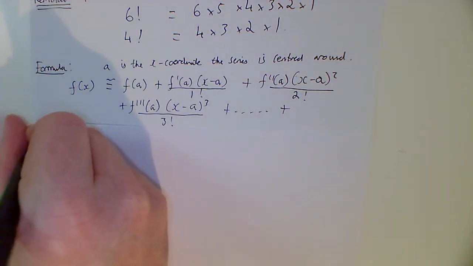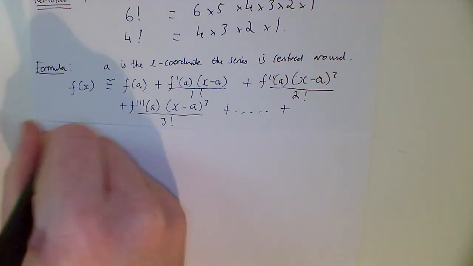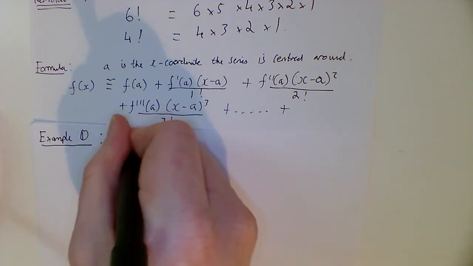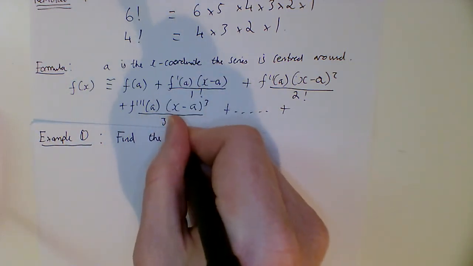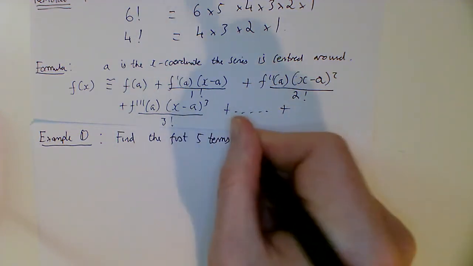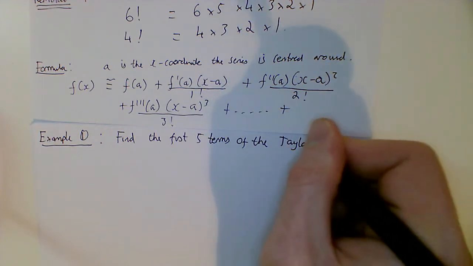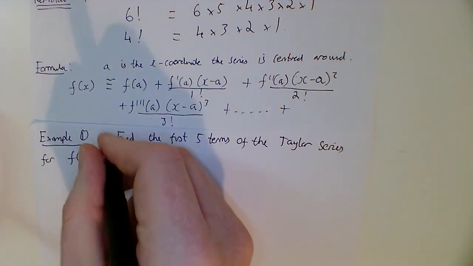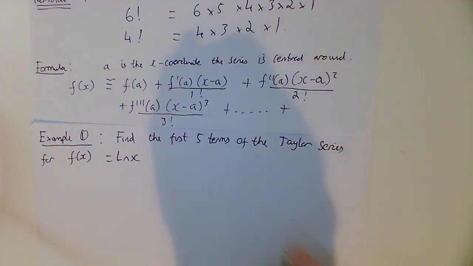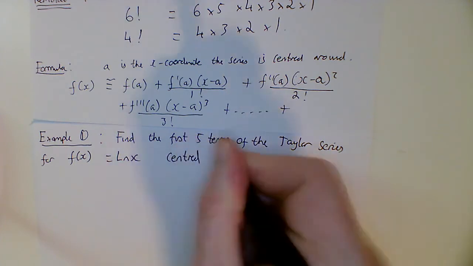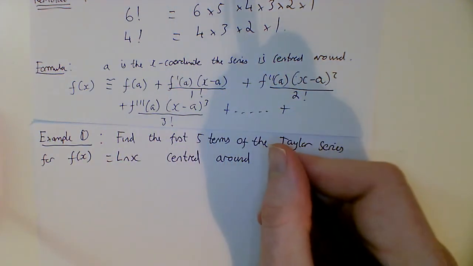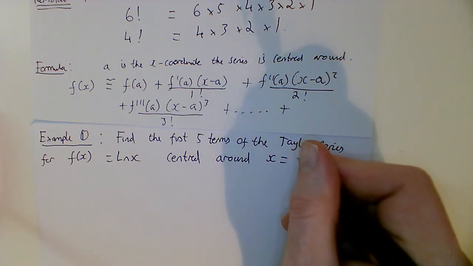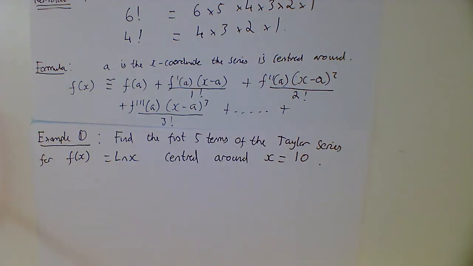Example number 1. Find the first 5 terms of the Taylor series for f of x equals ln x centered around x equals 10.